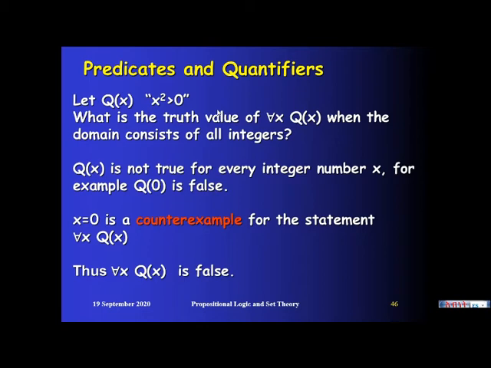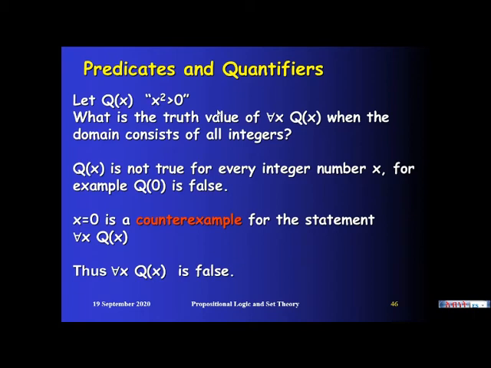With the universal quantifier, if you get one number which does not satisfy the given statement, then at the end of the day the given proposition has a false value. Now test from those integers: 0 squared is not greater than 0.